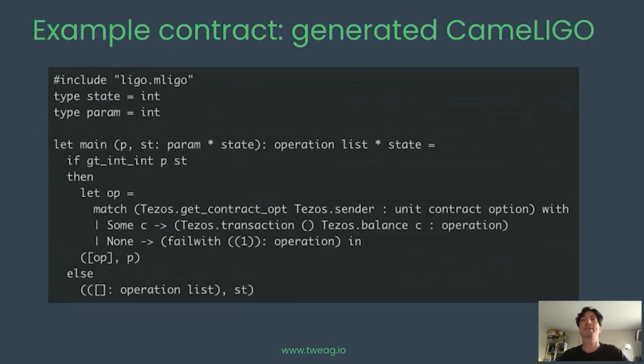We can then produce this CamlLIGO automatically. So you can see the LIGO.gt_int in the if condition has been converted to just gt_int. That isn't built into LIGO, but we have some shim libraries there that allow us to do a little bit of compatibility from one to the other.